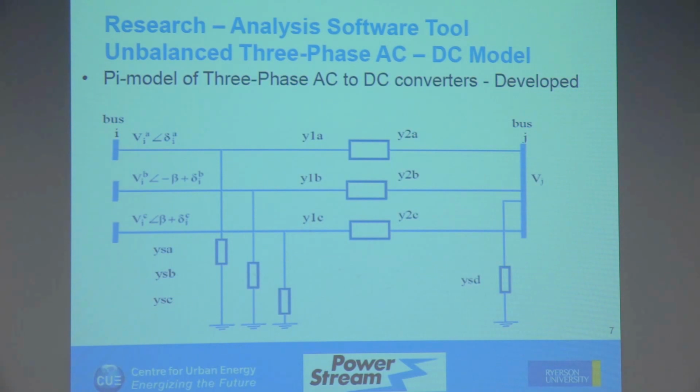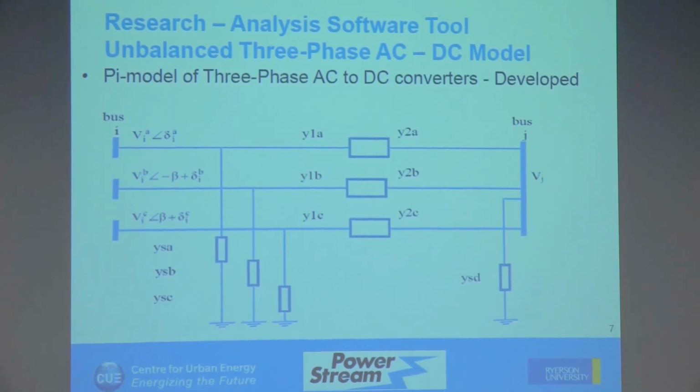So with this, within the same Y bus, we can have AC equations, we can have DC power balance equations, and we can have terms which enable us to connect AC and DC. That is what this pi model of the converter in the Y bus enables us to do.